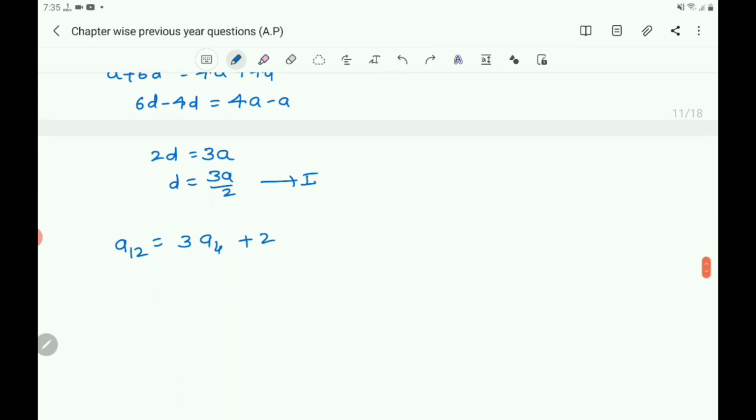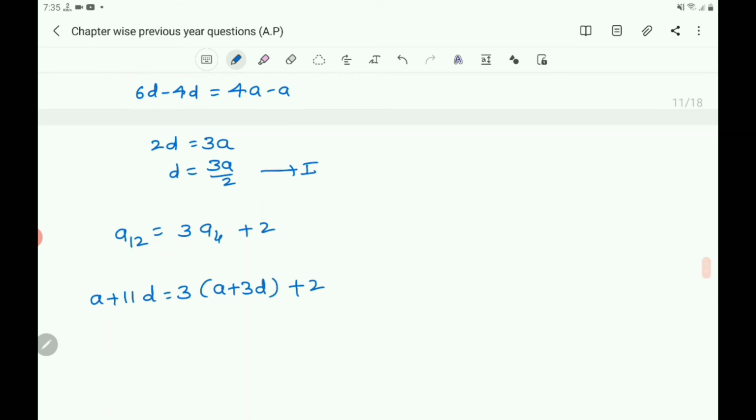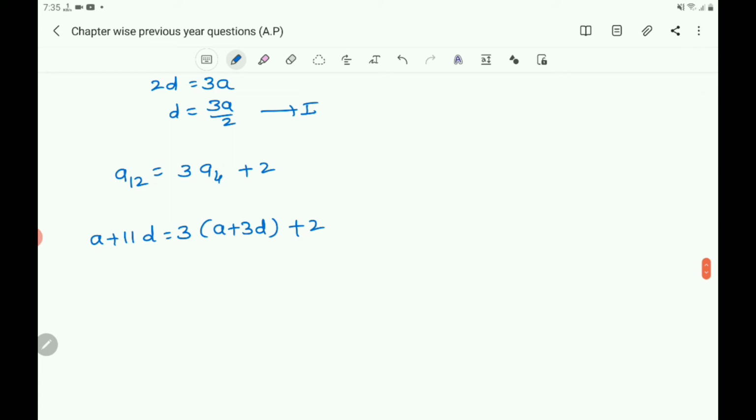Next, a12 means a plus 11d. Then 3 into a4 is 3 into (a plus 3d), plus 2. Then you write a plus 11d equals 3a plus 9d plus 2.